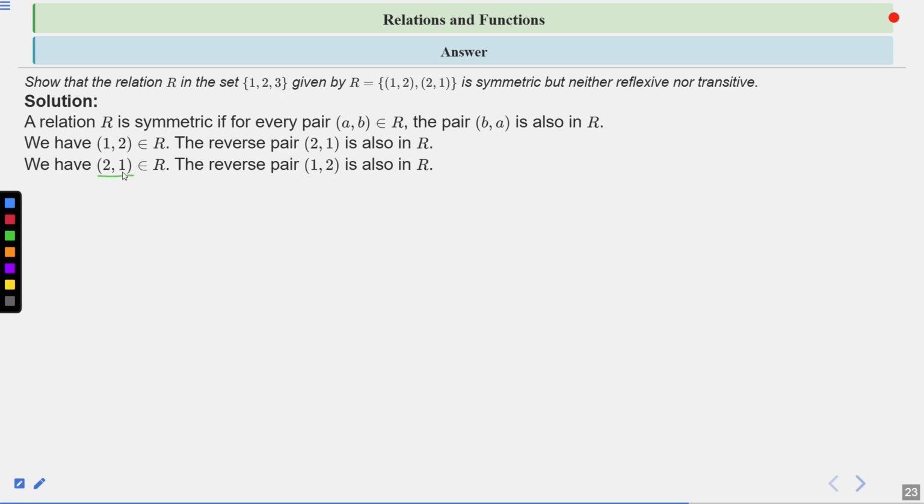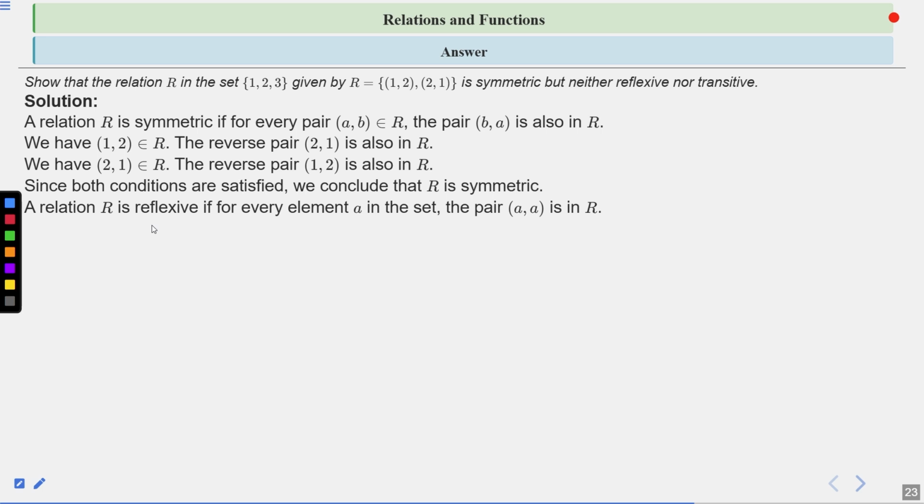So we have (2, 1) belongs to R, the reverse pair (1, 2) also belongs to R. Since both conditions are satisfied, we conclude that R is symmetric. Now for reflexive, we know that (A, A) belongs to R for every A in the domain set, and the set is {1, 2, 3}.